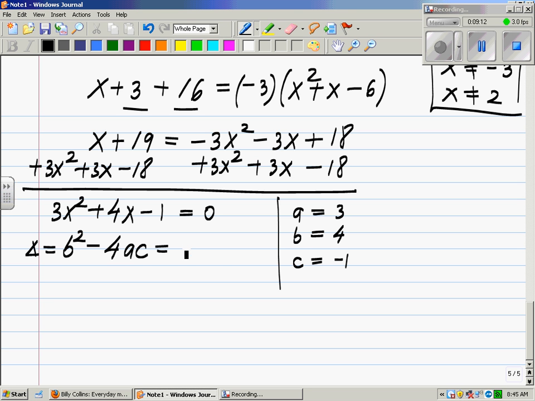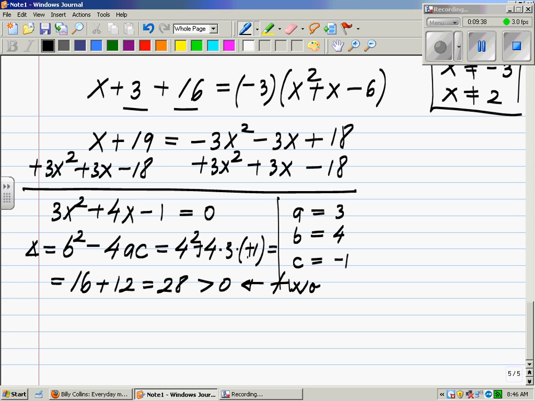Equals what? B squared, 4 squared, right? 4 squared minus 4 times A times 3 times C, which is negative 1, equals 4 squared is 16. Minus minus over there will give you a plus. And will be plus 4 times 3, which is 12. And that equals 28. Because it's greater than 0, you definitely have 2 roots, right? Real, you may say. 2 real roots.